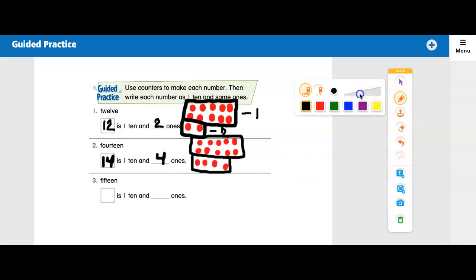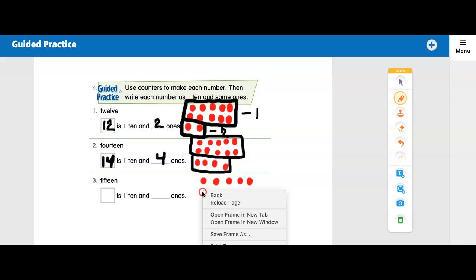Let's do one more. Let's do the number 15. The number 15, let's count. 1, 2, 3, 4, 5, 6, 7, 8, 9, 10, 11, 12, 13, 14, 15.